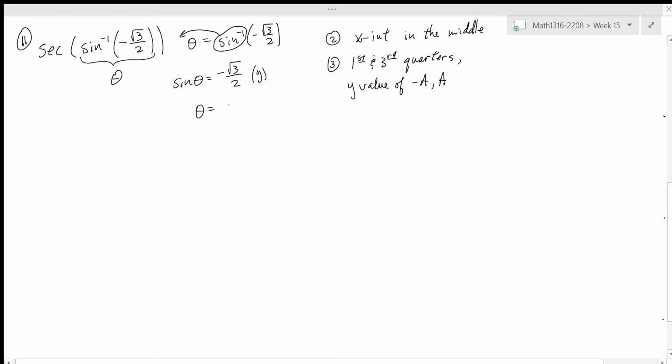All right, so what is the actual angle that has a y coordinate of negative square root of 3 over 2? What is it? 5 pi over 3. Oh, I know what I wanted. Can you tell me the x coordinate at that angle?